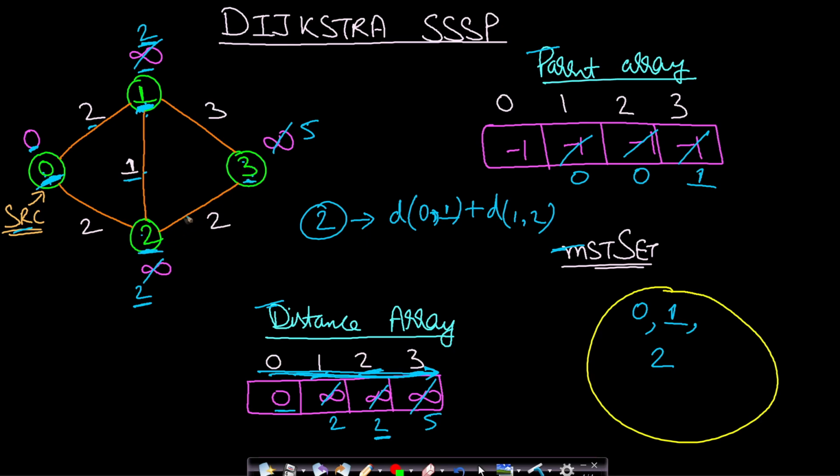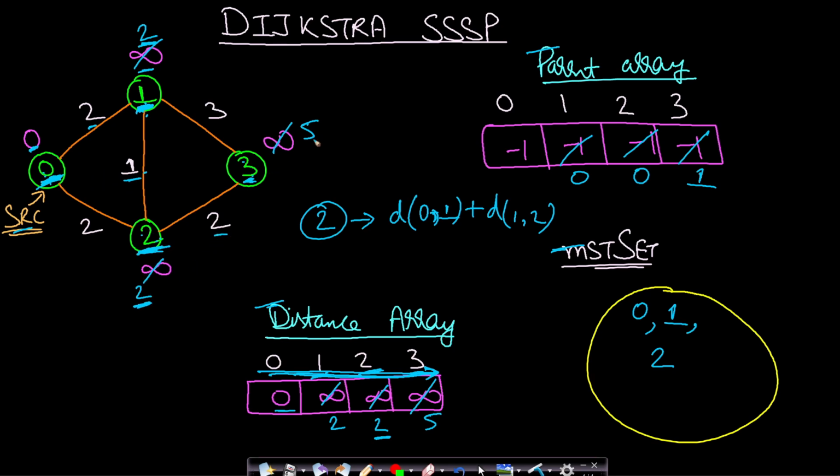So if you consider the distance to reach 3 via this node 2 starting from the source node, it will be equal to the minimum distance to reach this 2 from the source node plus the edge weight from 2 to 3. So that will be equal to 2 plus 2, which will be 4.